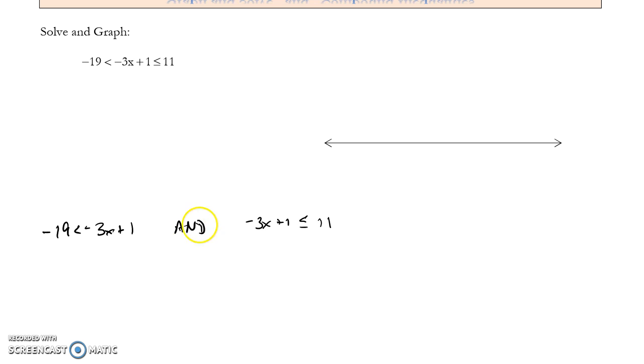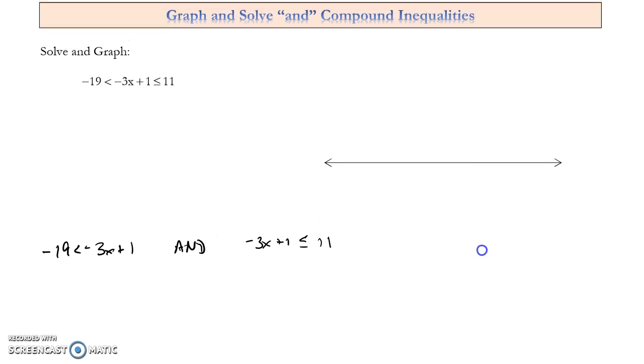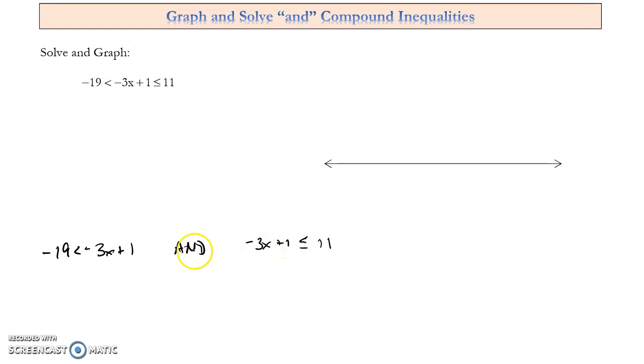So you can set it up and solve them by separating them with the word and, or the other option is to recognize that I have my inequality symbols here. I've divided this into three different groups. So I'm going to show it in both ways.